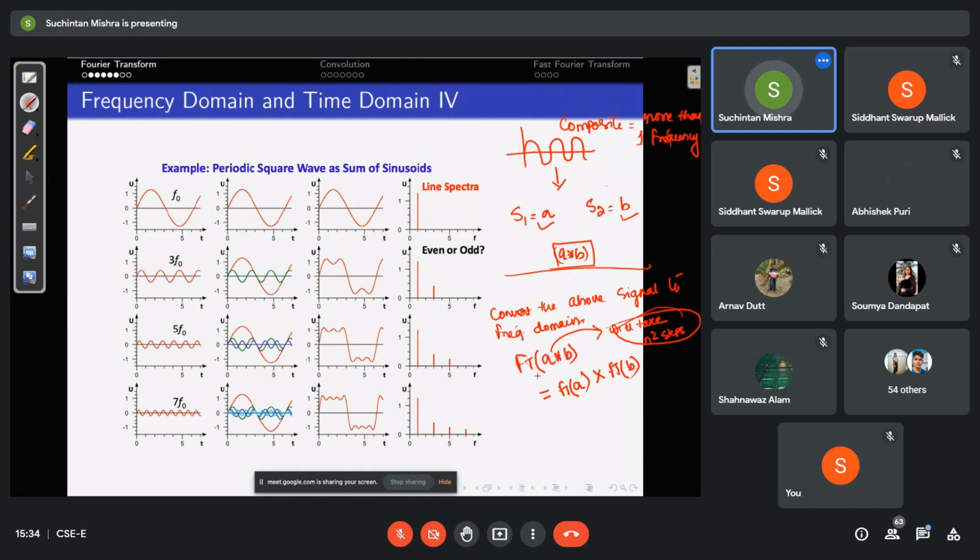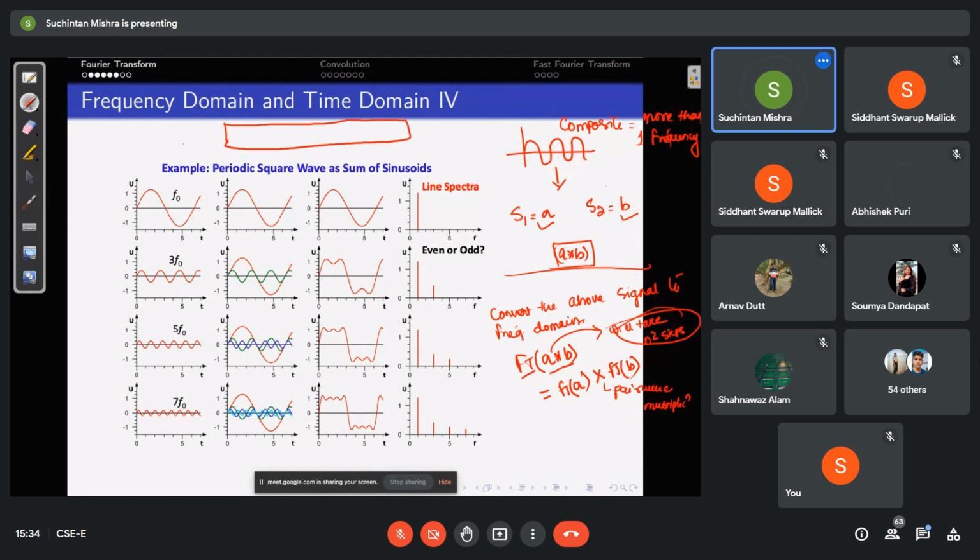I repeat again, the Fourier transform of a convoluted signal is equal to the Fourier transform of the first signal into the Fourier transform of the second signal. This is not convolution, this is pairwise multiplication. What does this mean?